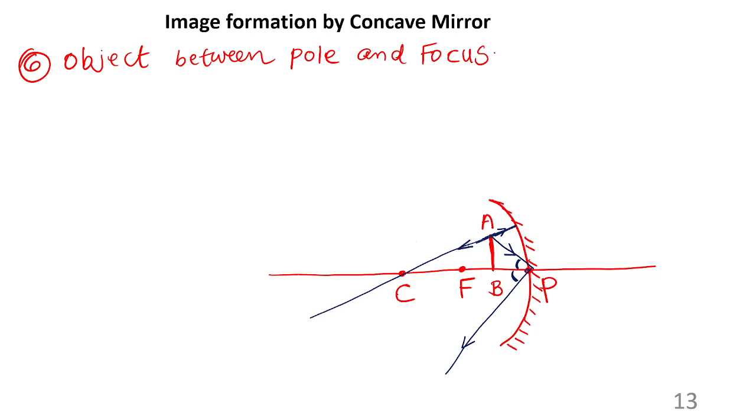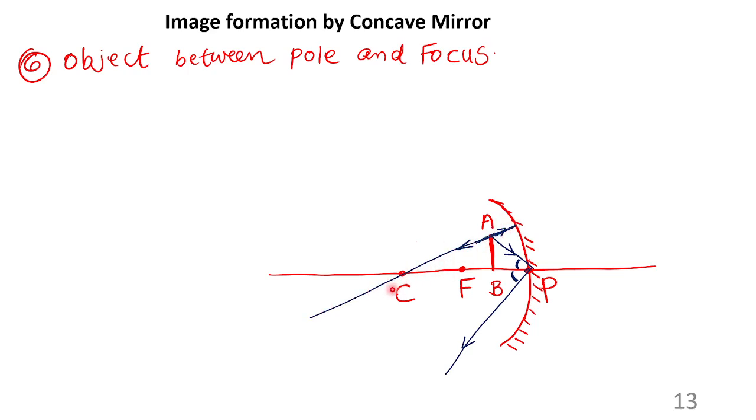It goes like this. Understood? Just like if you throw a ball normally, the ball will be rebounded through the same path. A normal ray rebounds through the same path, and all the normal rays will be passing through the center of curvature. It is also a fact.